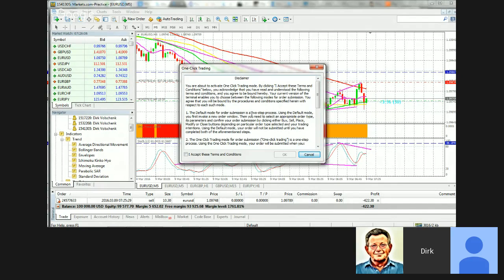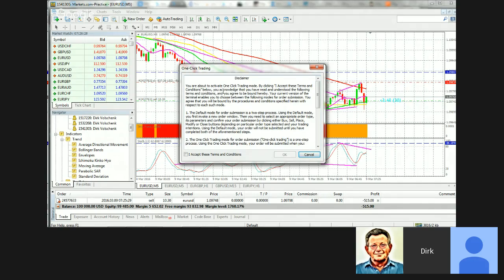If you ever want to have the most irritating method of trading activated, make sure you accept the terms and conditions and go with one-click trading. I hate that with a passion, because it doesn't confirm your orders for you. So if you make a mistake, it's just going to take the trade.